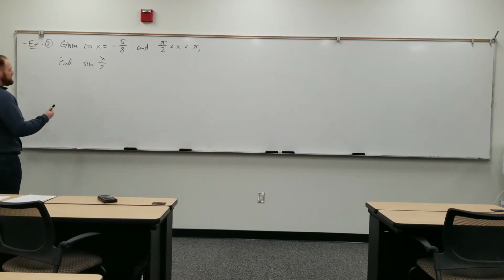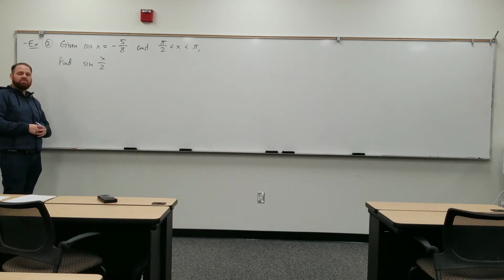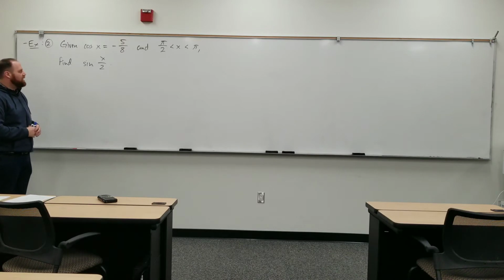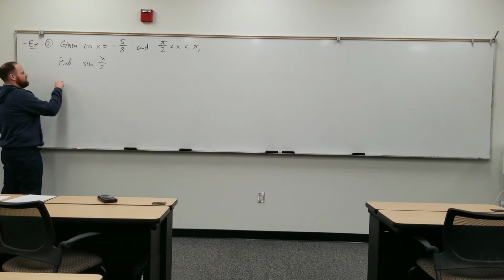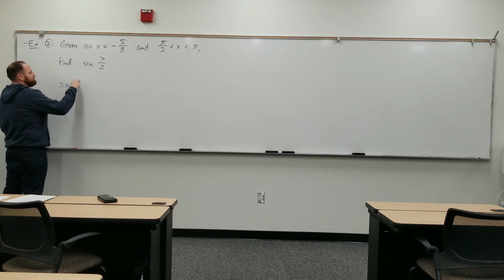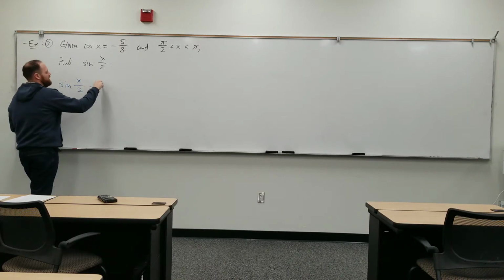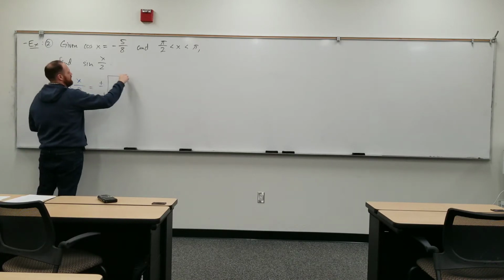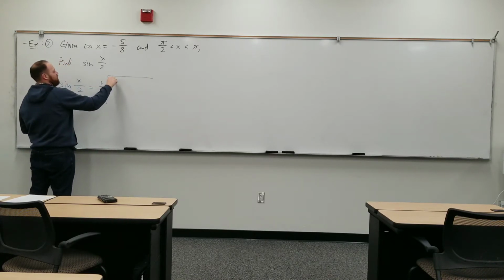Okay, so once again, if you want to give this a shot on your own, pause the video, right? Try it out. I'm going to go ahead and work this thing out. And I'm going to use a half angle identity. Sine x over 2 is plus or minus the square root of 1 minus cosine x, divided by 2.